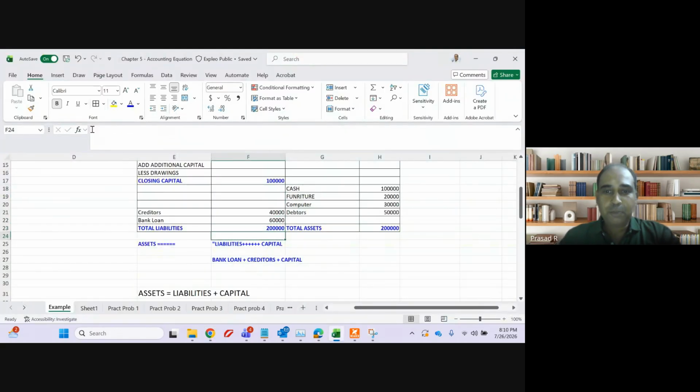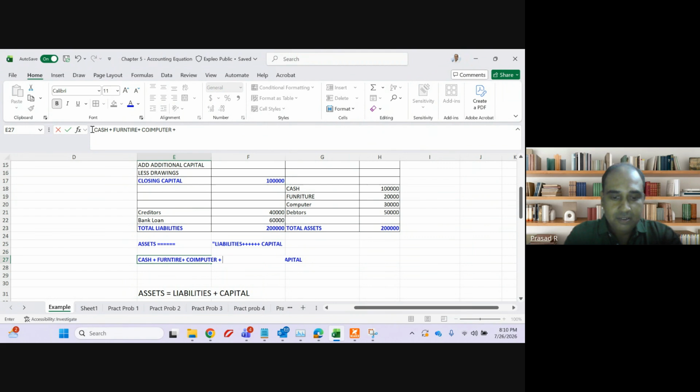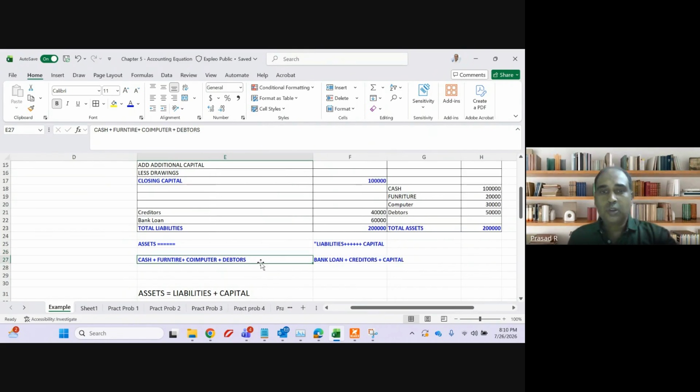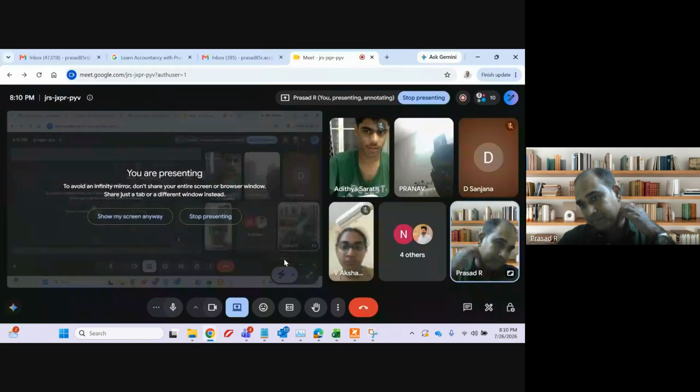These are all assets, and bank loan and creditors are external liability. Capital is internal liability.